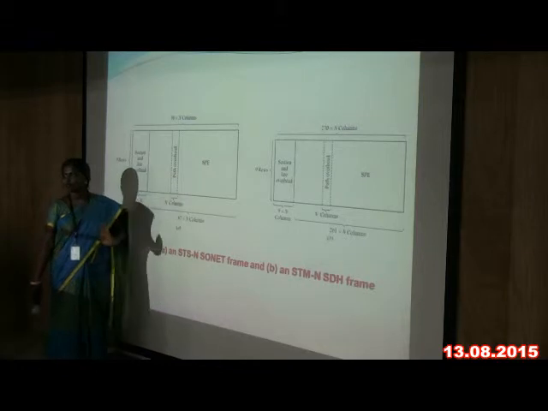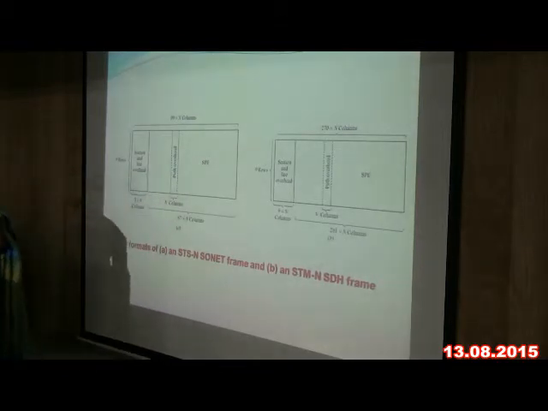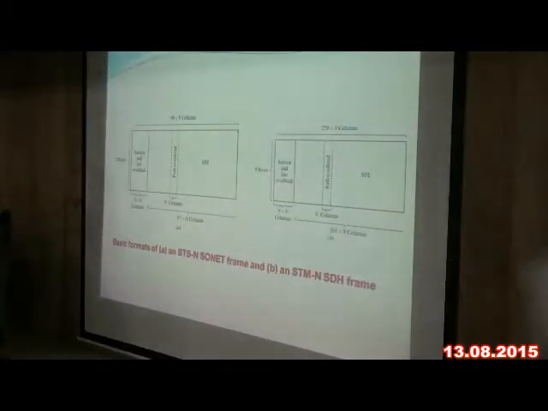Suppose STS-12: how many columns are allotted? If you want to draw the frame format for STS-12, how do you draw it? The 9 rows are fixed.